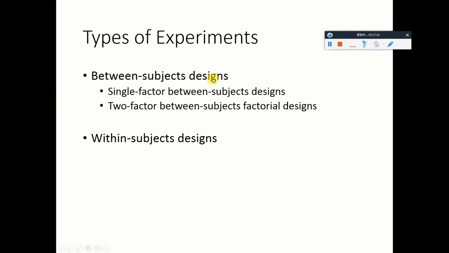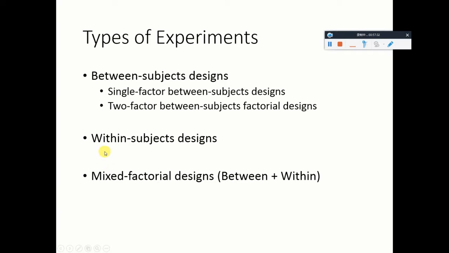We have between subject designs, that means we also have within subject designs. And once we combine between and within subject designs, we have mixed factorial designs. That is, as we said, combining between and within subject designs. So, because of time and for the purpose of this introductory class, we will not be talking about within or mixed designs. We'll only be focusing on between subjects designs that have one factor or two factors. Okay?